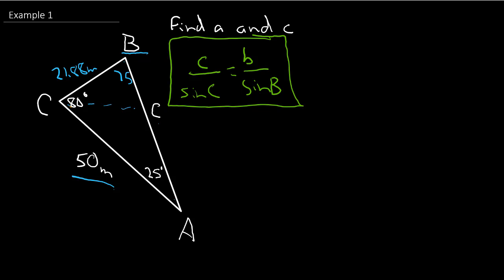We're just going to use 2 parts of the sine law to solve for C, our unknown variable, but we know this is going to be sine of 80 this time, which equals 50 all over sine of 75.